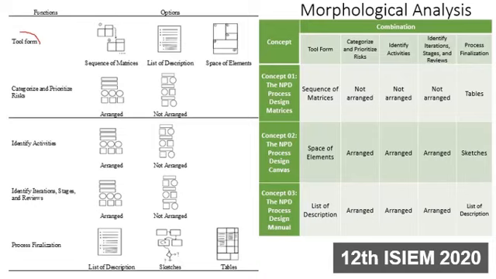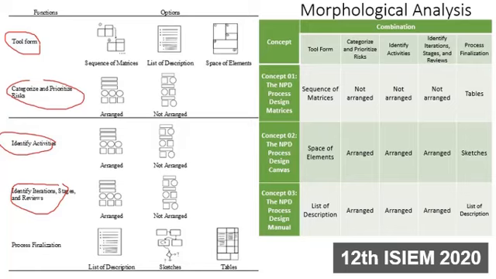The tool form explores the possibility that the tool's main form will be in the sequence of matrices, a list of descriptions, or in a space with elements related to NPD process design. The risk, activities, iteration, stages, and review may be arranged or not arranged into defined categories.